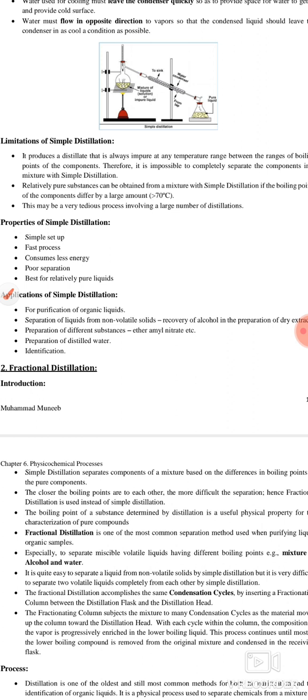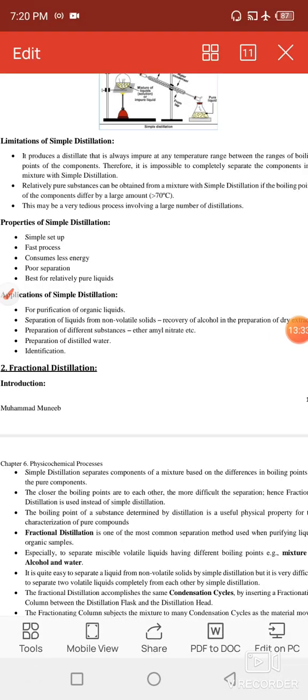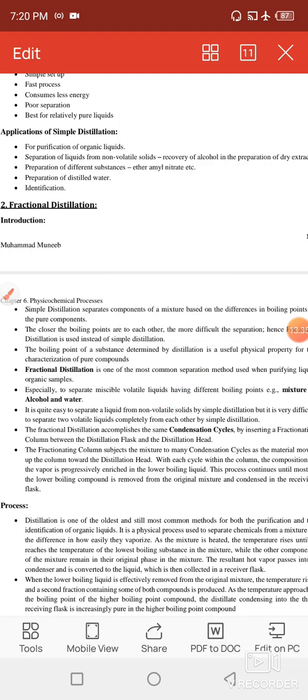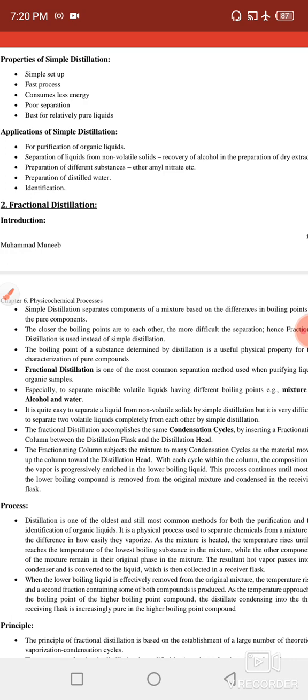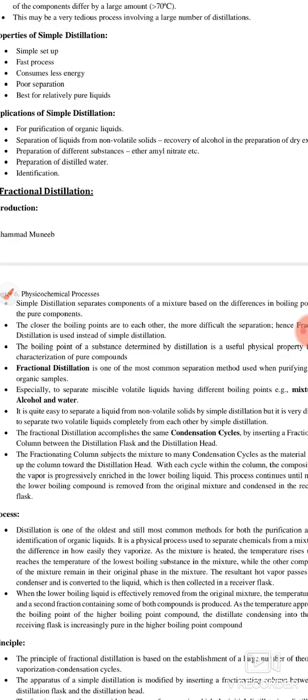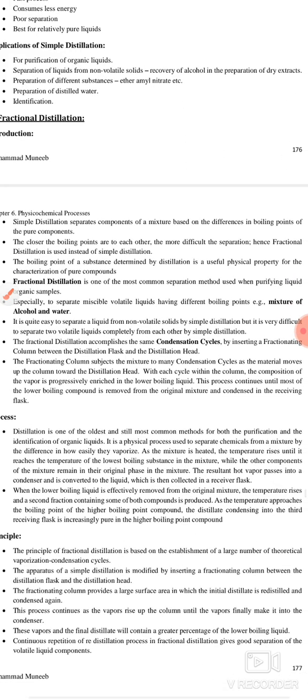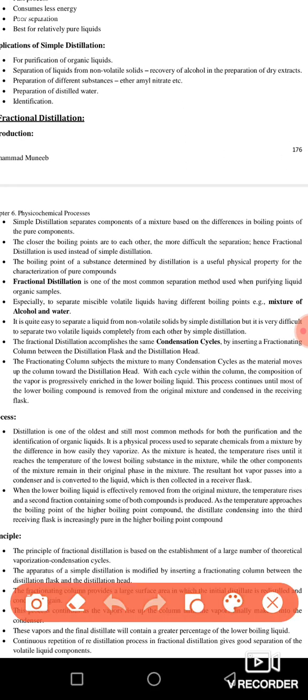Now after discussing simple distillation, we are going to discuss fractional distillation. Fractional distillation is just like simple distillation but has some differences. In fractional distillation, you are going to separate two liquids.